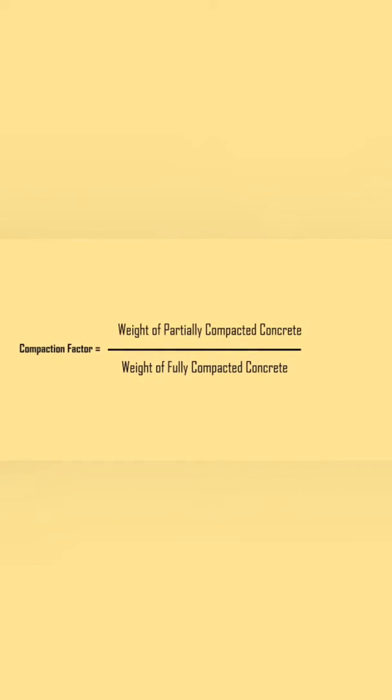The outside of the cylinder is wiped. Now weigh the cylinder. This weight is known as the weight of fully compacted concrete. The compaction factor is equal to the ratio of the weight of partially compacted concrete to the weight of fully compacted concrete.